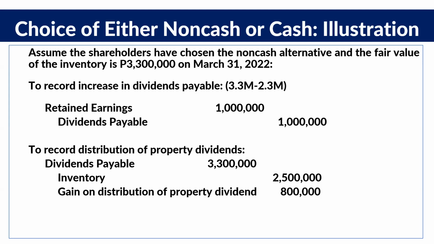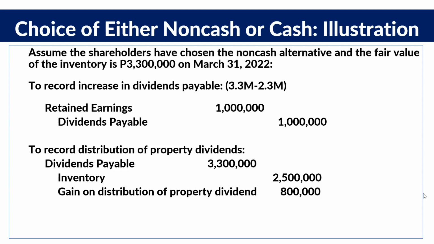So what if the inventory, instead of 3 million, had an increase in its fair value? From 3 million, its estimate at declaration, it now became 3.3 million. So you have to recognize the increase in dividends payable.